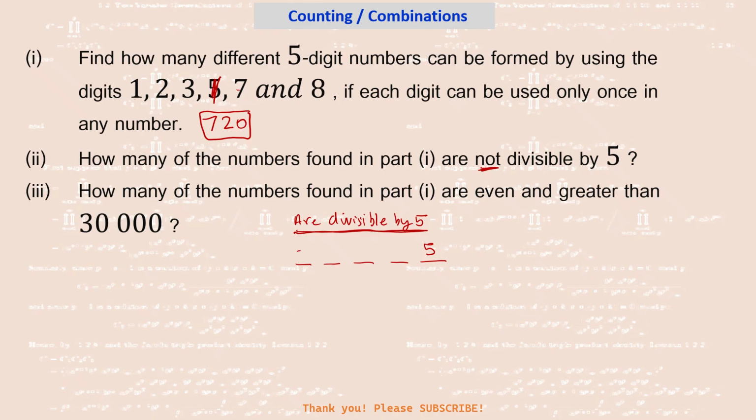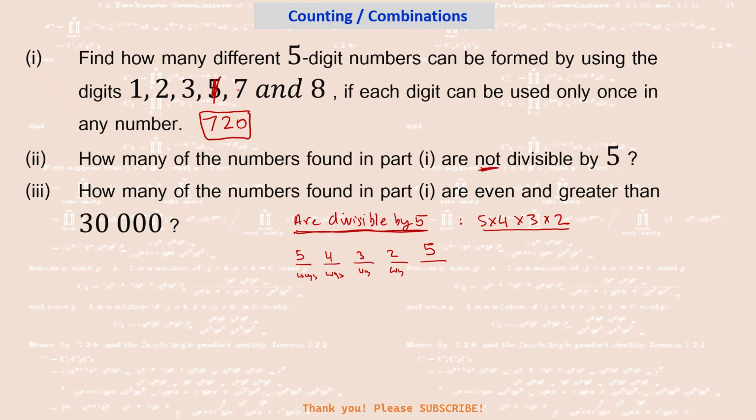So the first place can be taken in 5 ways, 4, 3, and 2 ways. So these are the number of ways. So the numbers that are divisible by 5, how many numbers? So that would be 5 times 4 times 3 times 2.